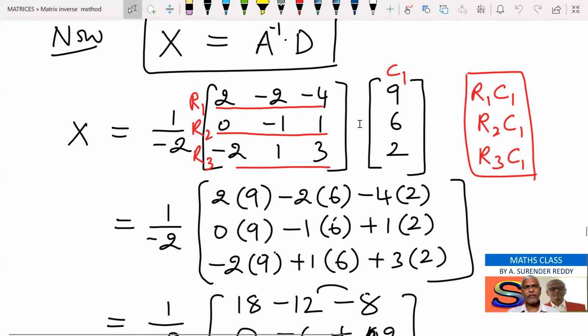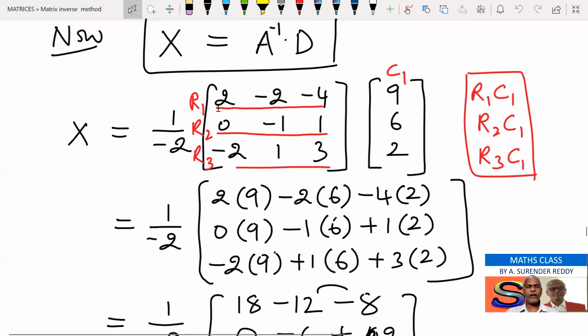Now multiply both. We know how to multiply rows into columns, taking the rows of the first matrix and multiplying with the column of the second. So only one column is there, so only one multiplication, one row and one column. So R1 C1, R2 C1, R3 C1. First R1 C1 will give the first number, R2 C1 the second number, R3 C1 the third number.